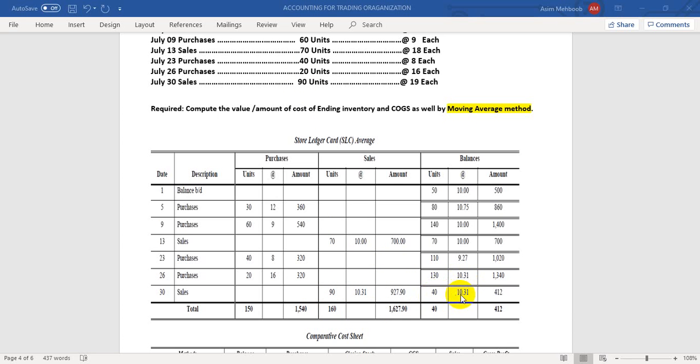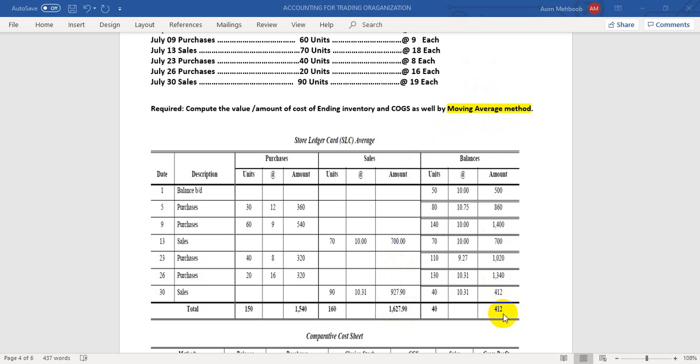And at which price? 10.31. You will take 10.31. You will ignore the 19 each or 19 rupees each. Whatever the cost price is, you will take 40 into 10.31, and this will be 412. This is the cost of ending inventory. This is the cost of goods sold under the moving average method, also called the average method.